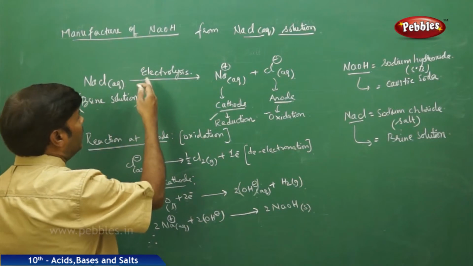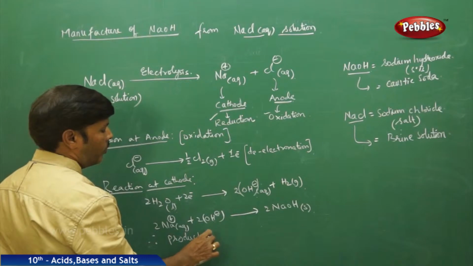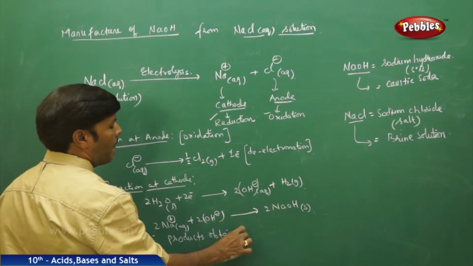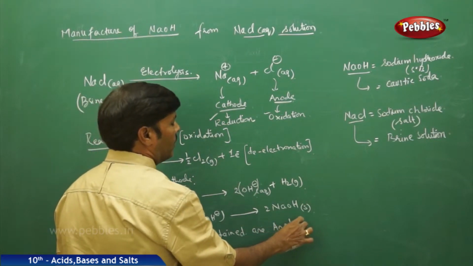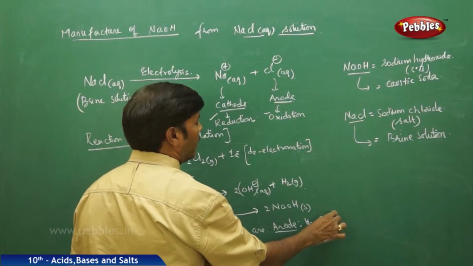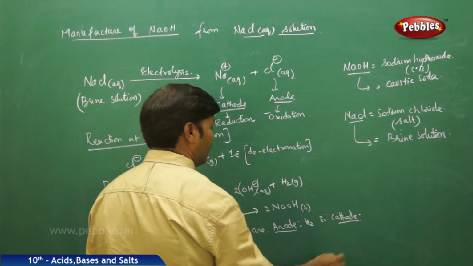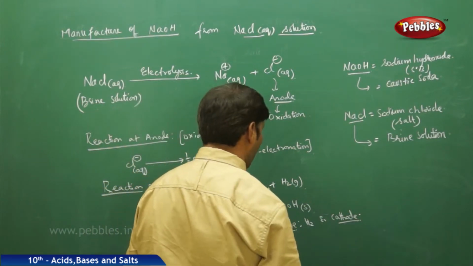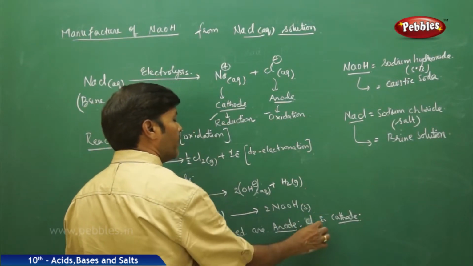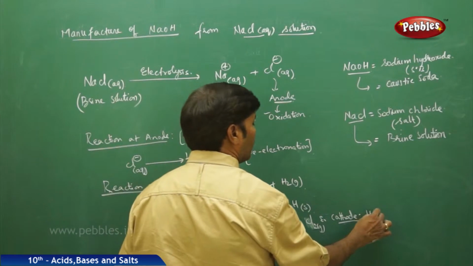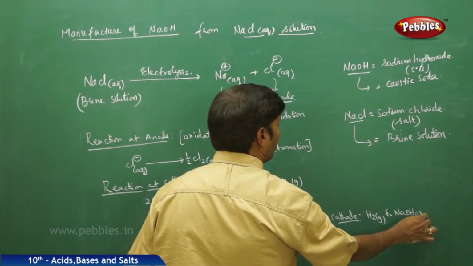Therefore, from the electrolysis of aqueous brine, the products obtained are: at the anode Cl2 gas, and at the cathode H2 gas and NaOH. Caustic soda is also produced.